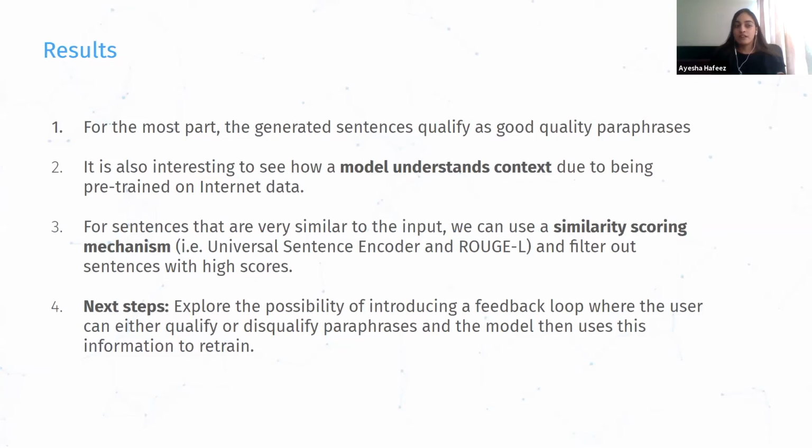While we do understand that some of the paraphrases were very close to the input sentence and wouldn't significantly improve the performance of a chatbot, we think we could use a mechanism like similarity scoring to filter these out when we're training the chatbot. As next steps, we want to explore introducing a feedback loop where the user can qualify or disqualify paraphrases, and then the model can use that input from the user to retrain.